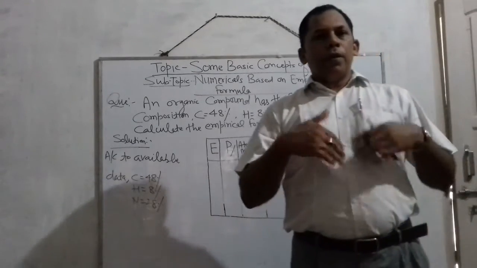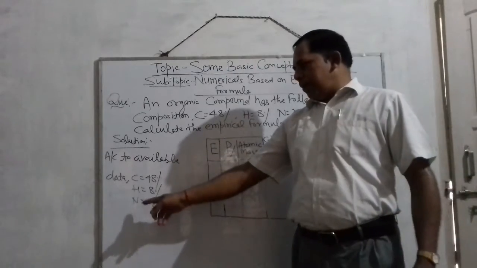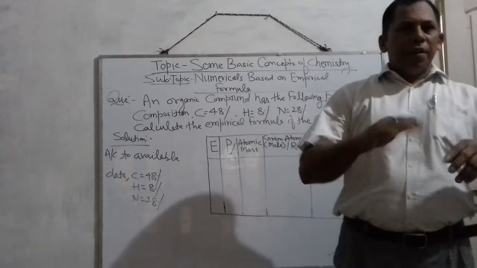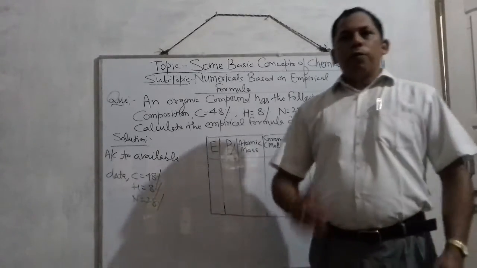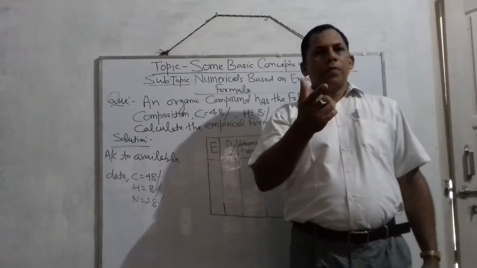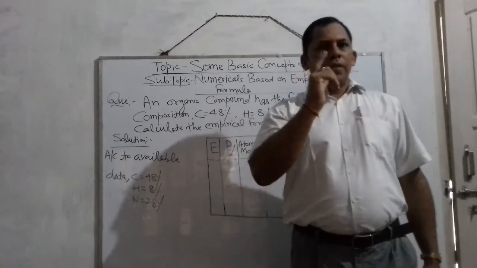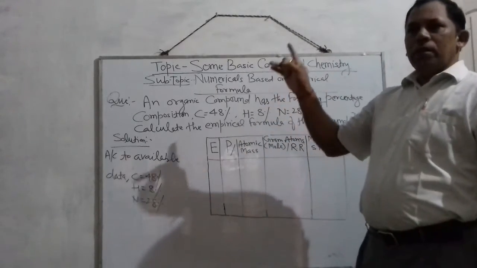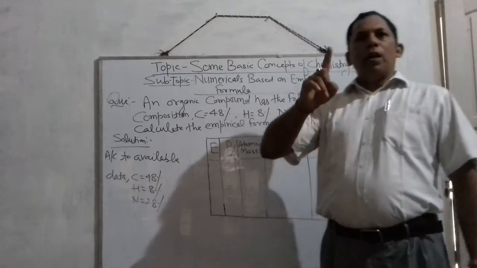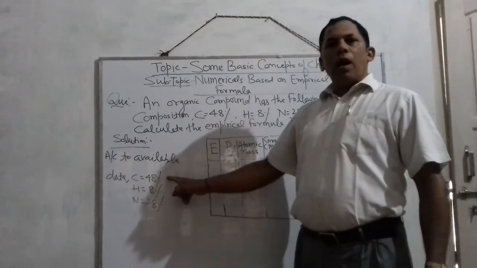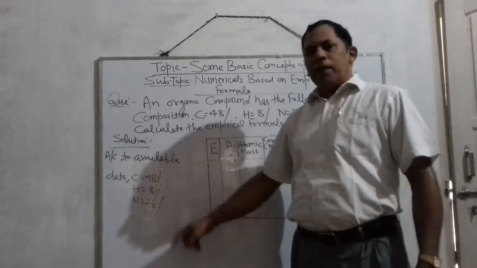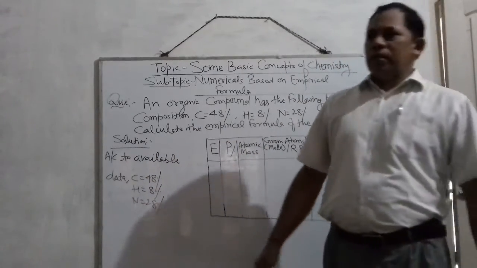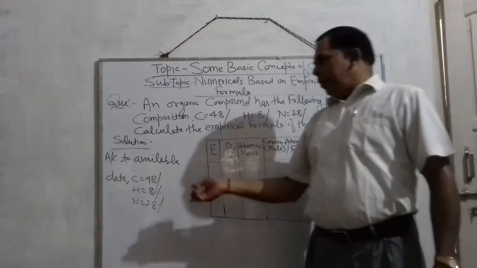But if the sum of the percentages of elements is not 100, meaning less than 100, then the rest of the percentage will be of oxygen. Must remember the point.